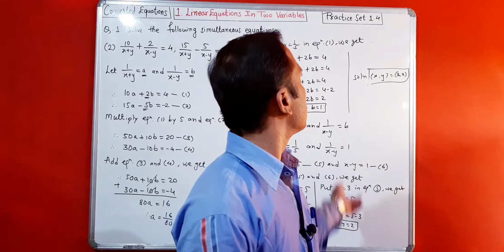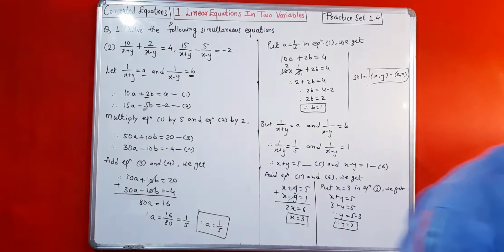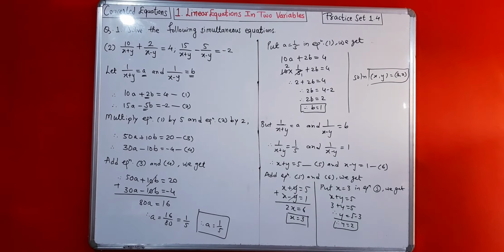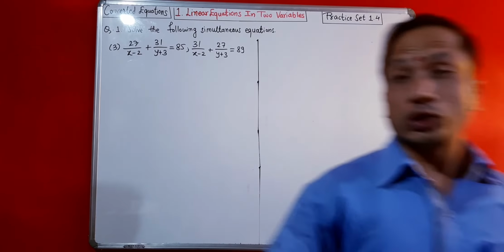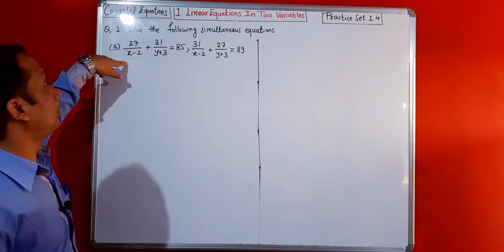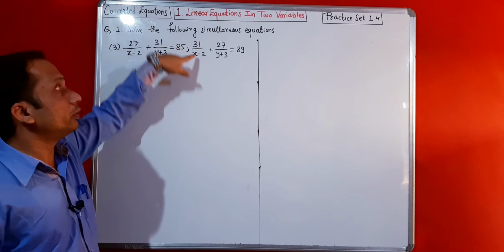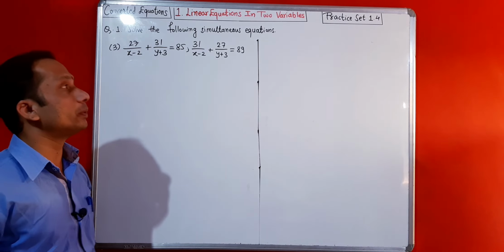So this is equation number 2, and now we are going to solve equation number 3. In this case, 27 upon x minus 2 plus 31 upon y plus 3 is equal to 85, and 31 upon x minus 2 plus 27 upon y plus 3 is equal to 89.